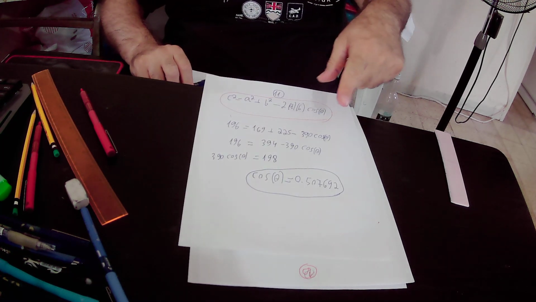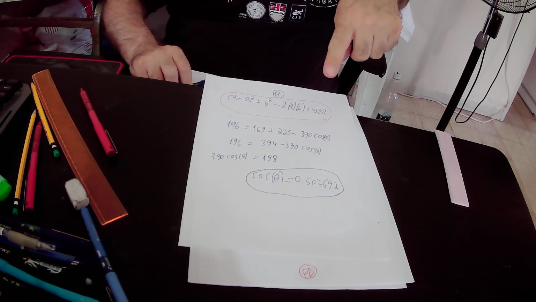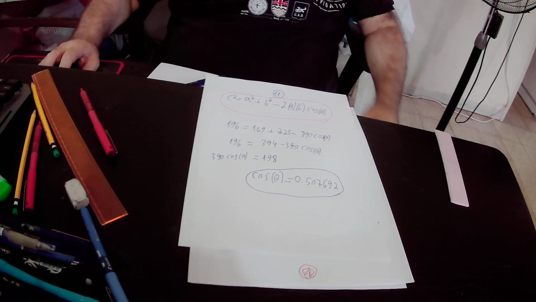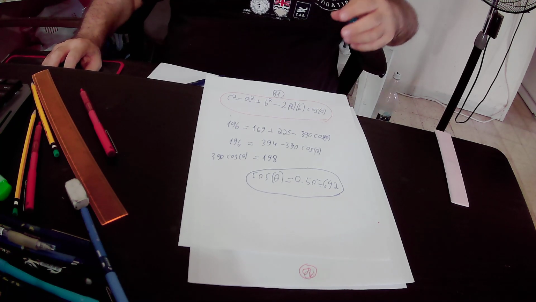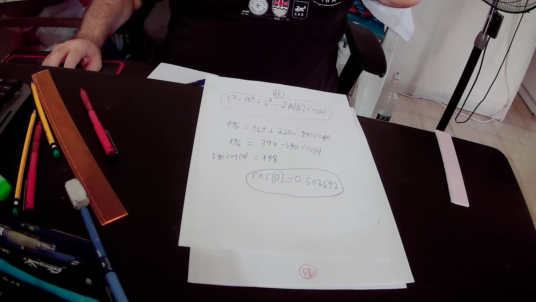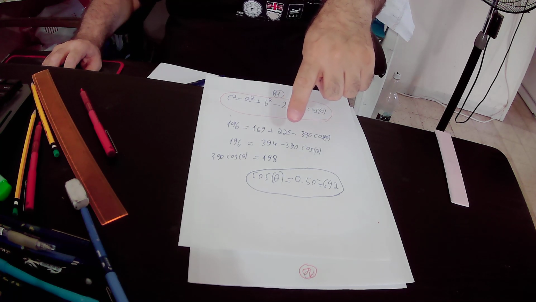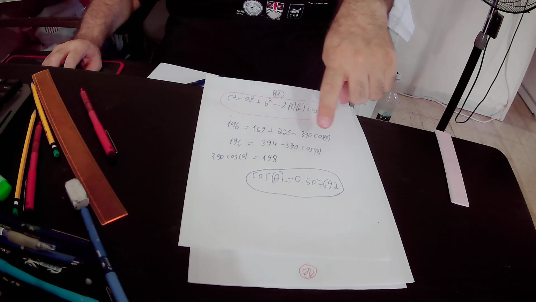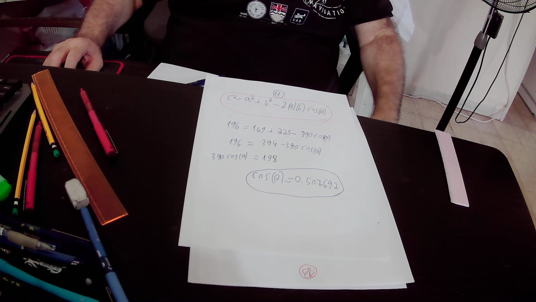So cosine theta equals 0.507692, and then we will use the inverse function of cosine, the arc cosine, in order to get the value of theta.